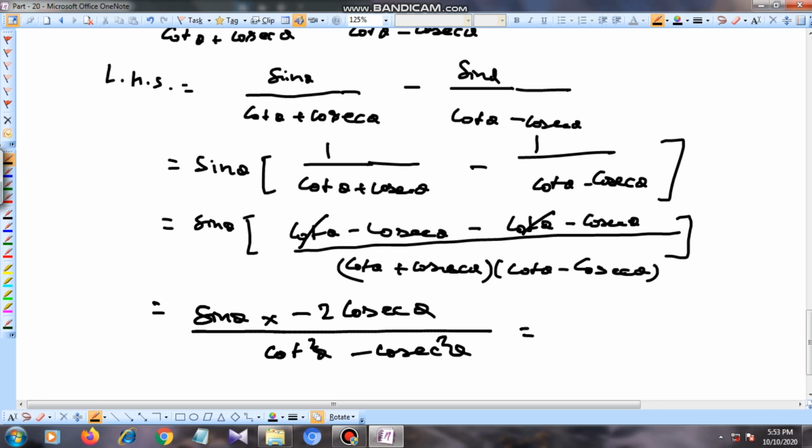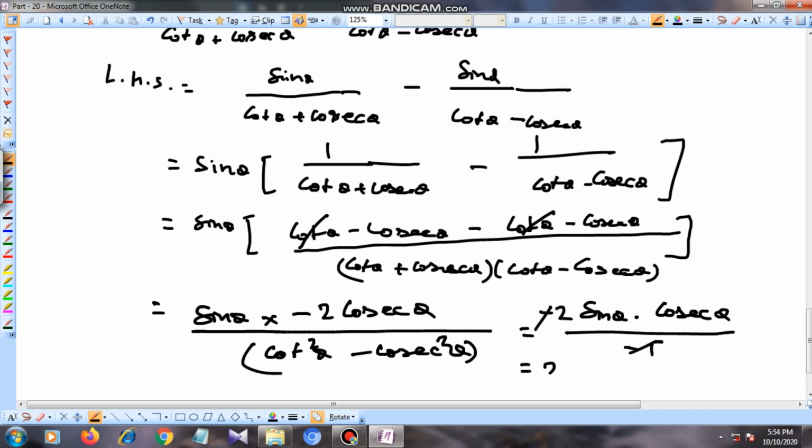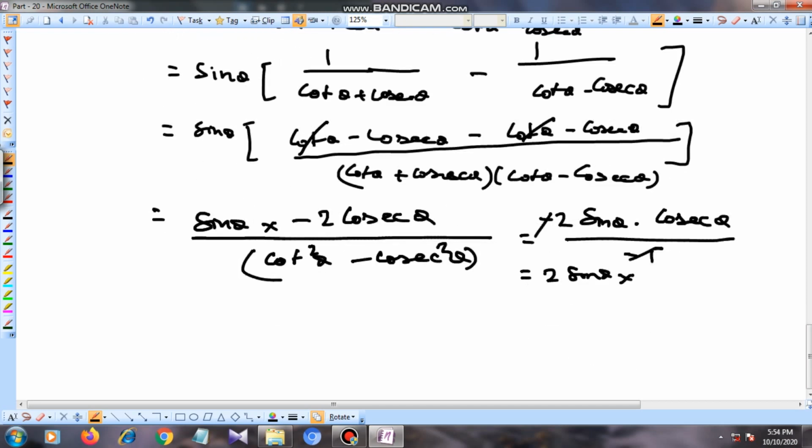The value of this identity, cot square theta minus cosec square theta, is minus 1. So this is sin theta into cosec theta into minus 2 upon minus 1. The minus signs cancel, and this is 2 into sin theta, and cosec theta is written as 1 upon sin theta, right? So sin theta cancels, and this is 2. So LHS equals RHS, hence proved.